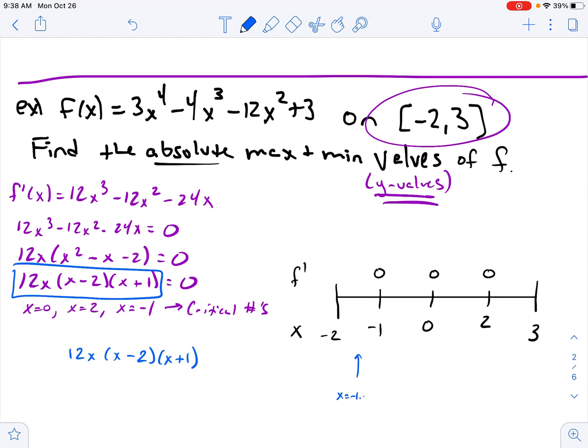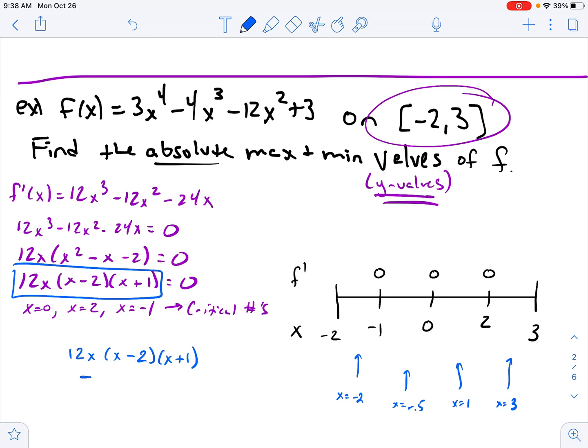So here I'll take like -1.5. I'll test it like -0.5. Maybe +1, and then maybe like 2.5. Actually, I can use the endpoints of the interval. There's nothing wrong with that. That's easier than those fractions.